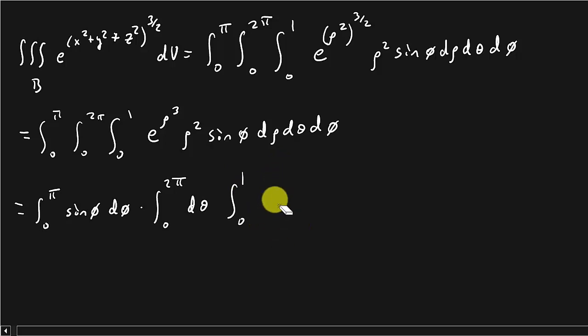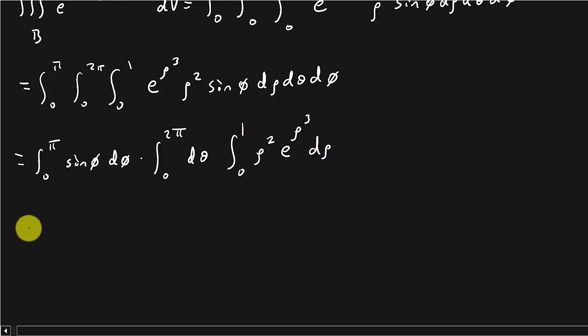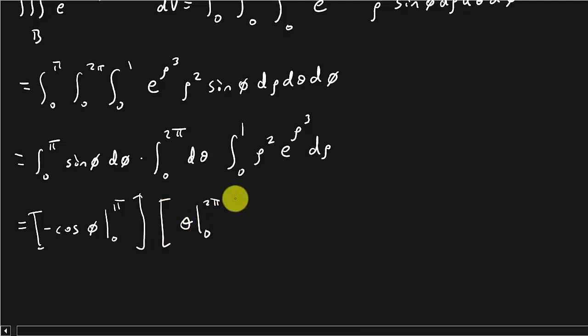Well, let's do this. We've got rho squared e to the rho cubed d rho. All right, so this is going to give us what? Negative cosine phi from 0 to pi. Okay, that's the first integral. And then that's going to be times theta from 0 to 2 pi. So those were easy to integrate there.